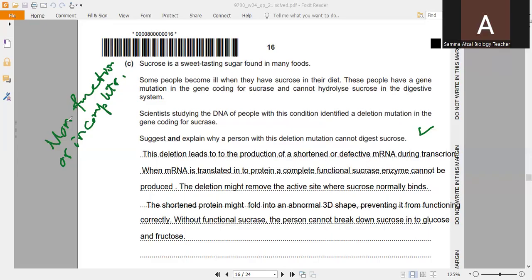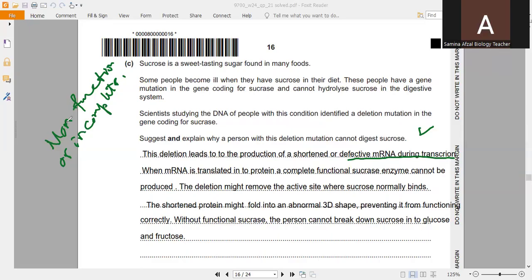So with defective messenger RNA, when it is translated into protein, a complete functional sucrase enzyme cannot be produced. After transcription, the translation of the messenger RNA takes place, and as a result, a functional sucrase enzyme will not be produced.